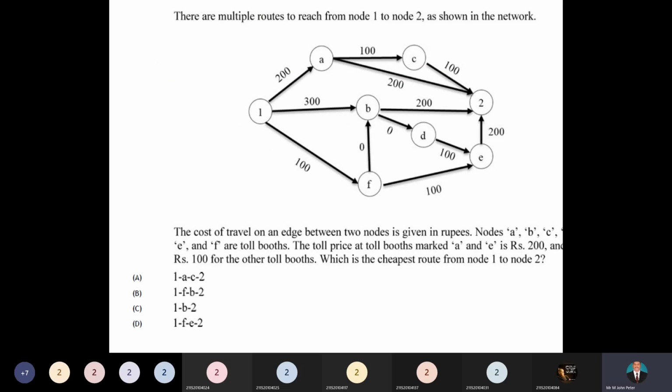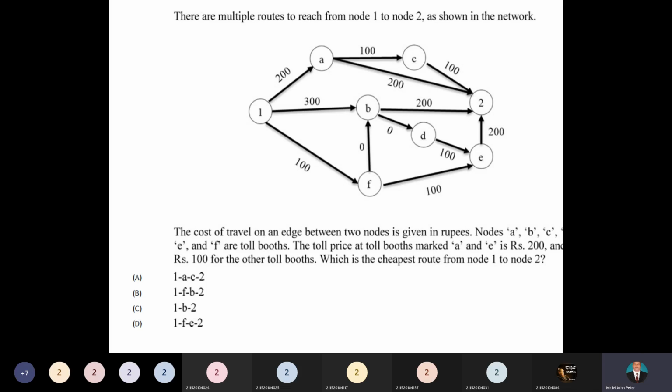This one is a 2020 GATE question. There are multiple routes to reach from node 1 to node 2 as shown in the network. The cost of travel on the edge between two nodes is given in rupees.